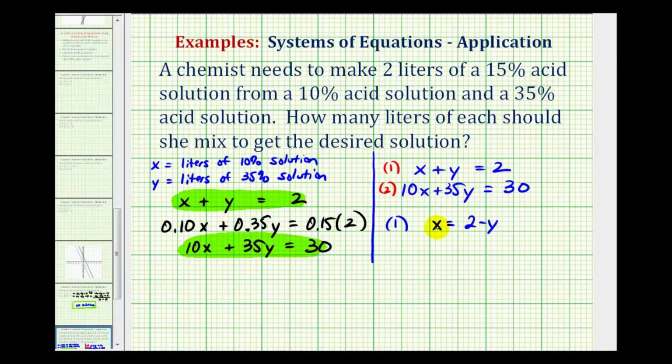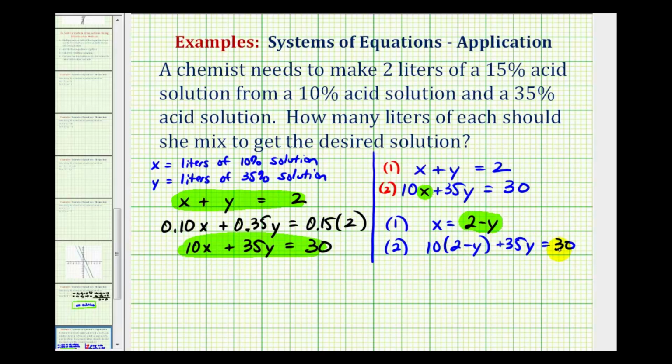And then we can perform substitution into equation 2. If x is equal to 2 minus y, we can replace x with 2 minus y. Now equation 2 after substitution would be 10 times 2 minus y, instead of times x, plus 35y equals 30.